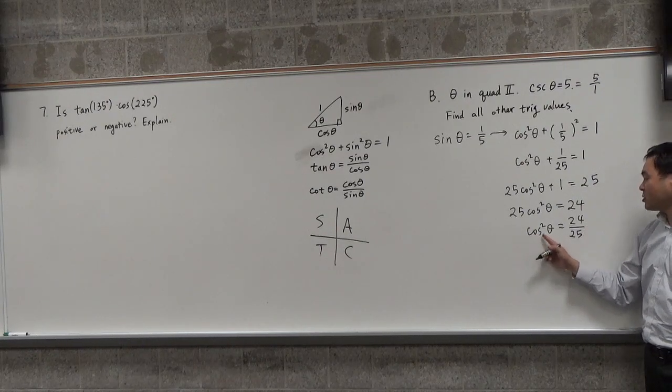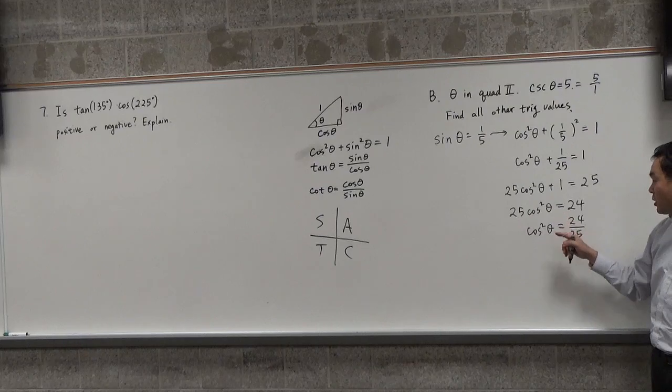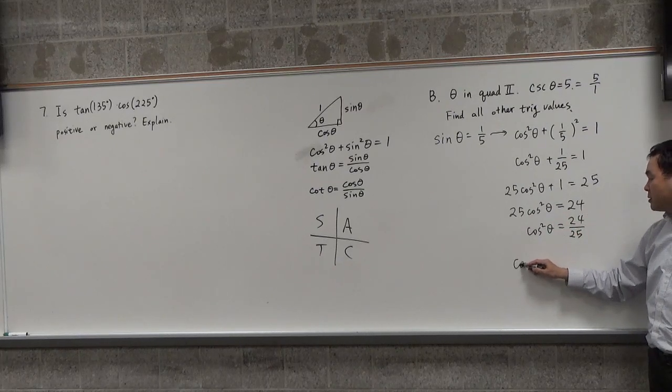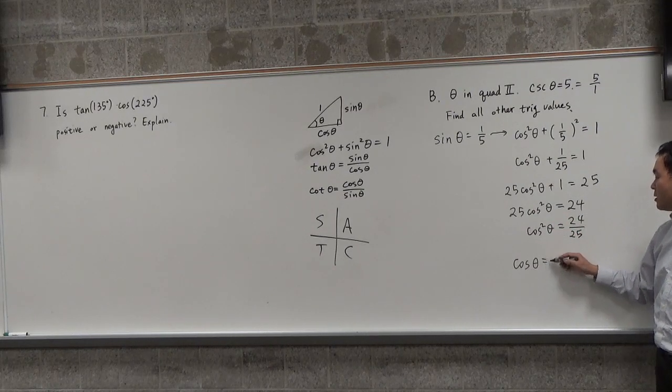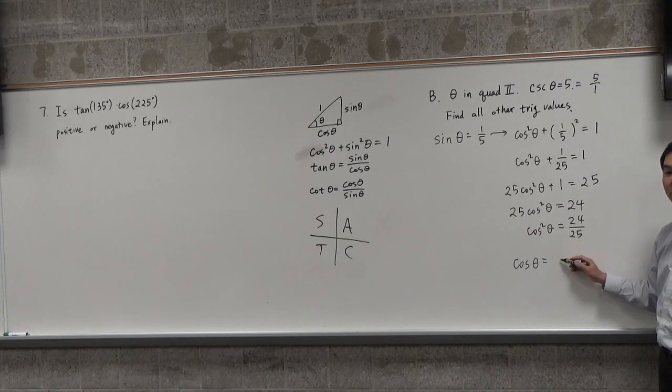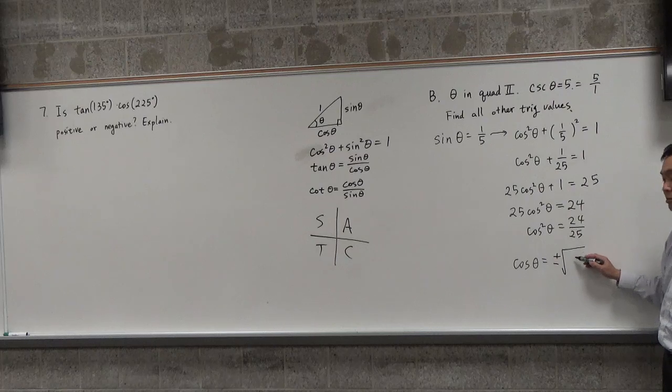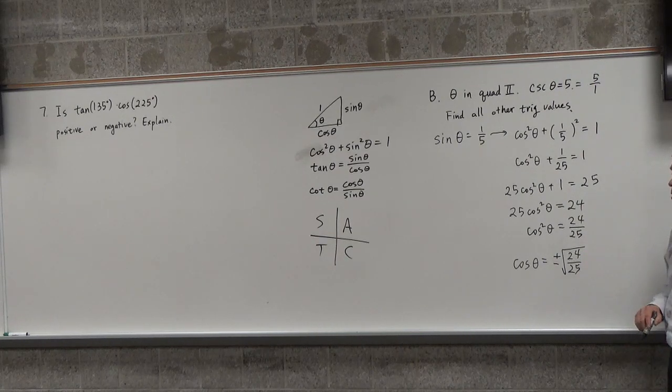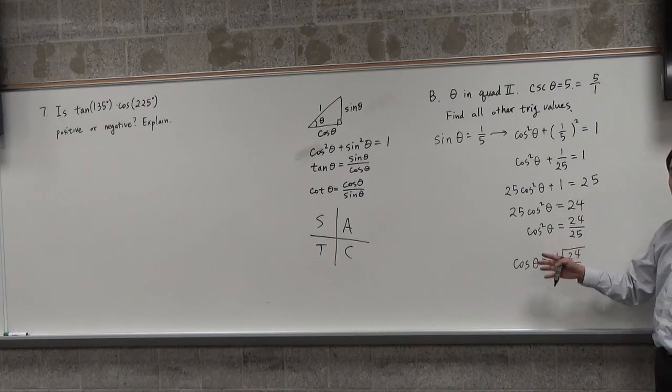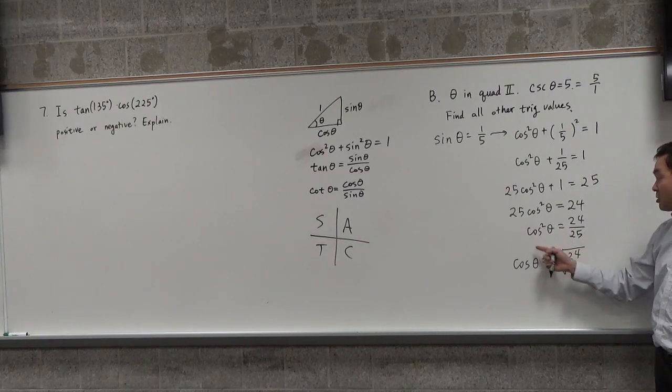And knowing that cosine squared theta means cosine with the square, how do you get rid of this square? If you get rid of this square, what happens on the other side? It's plus or minus square root of 24 over 25. I put plus or minus because we don't know if it's going to be plus or minus just from this equation.